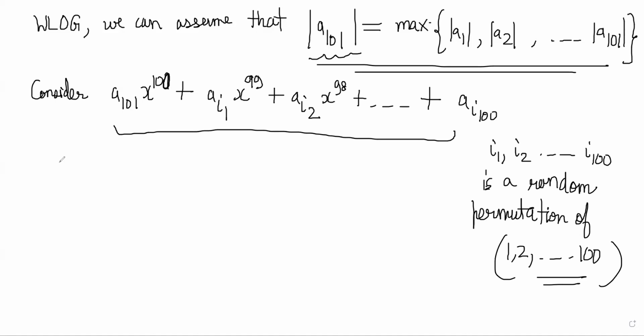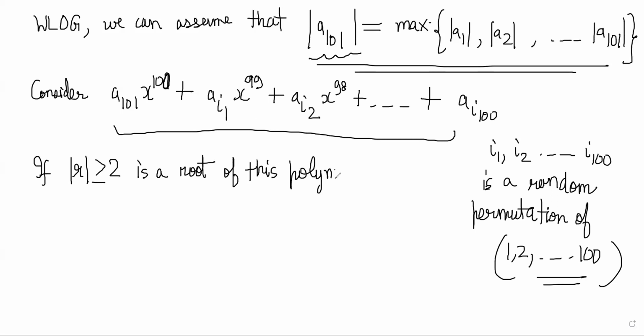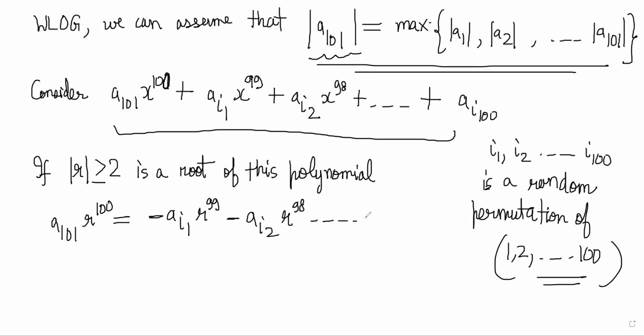Now if mod r greater than or equal to 2 is a root of this polynomial, then obviously what we can say is that a101 r power 100 is equal to minus ai1 r power 99 minus ai2 r power 98 and so on, minus ai100, right?